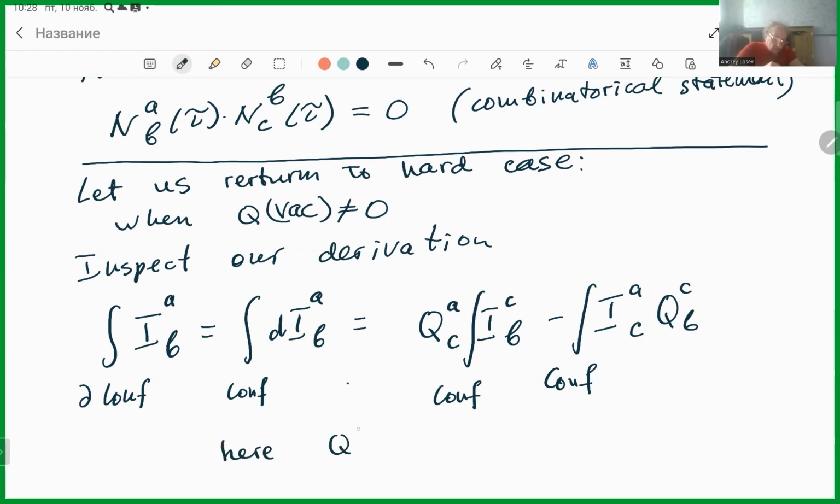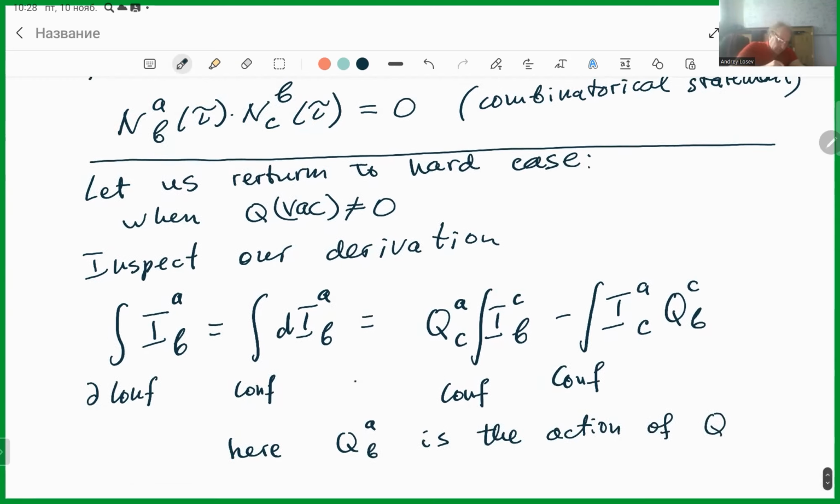Here QAB is the action of Q on the vacuum subspace.